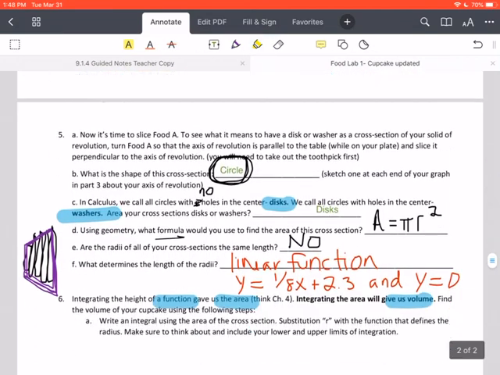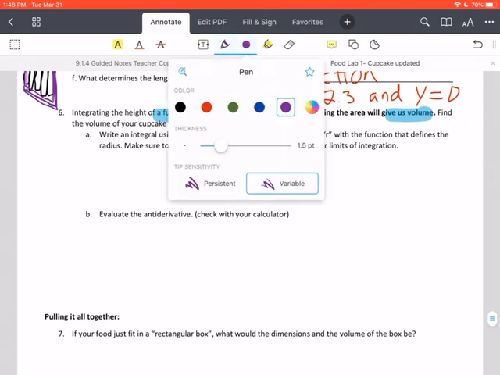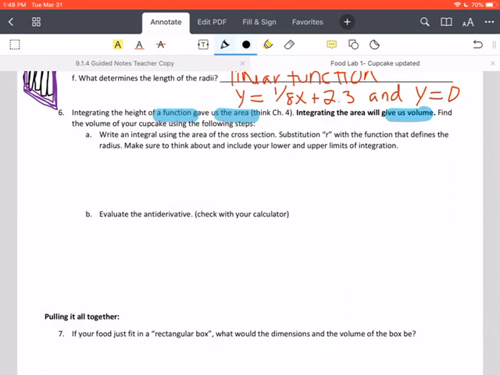Okay. So now if we scroll down, we want to create an integral to find, again, the volume of the cupcake. So the hint is we want to integrate the area of the disk, which is a circle. So area equals pi r squared, and in this case we would be integrating with respect to the radius because the radius is changing.